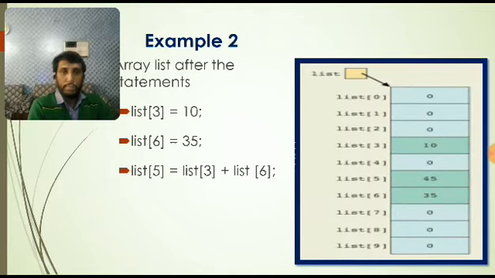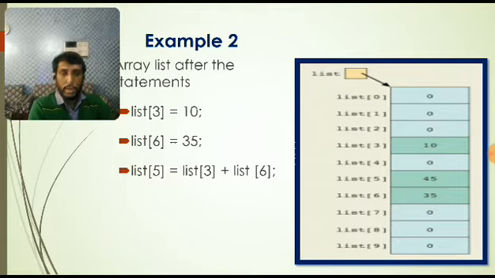See, in the list, position number 3 has 10, and position number 6 has 35, and then we are going to add these, positions 3 and 6, so the value will be 45.